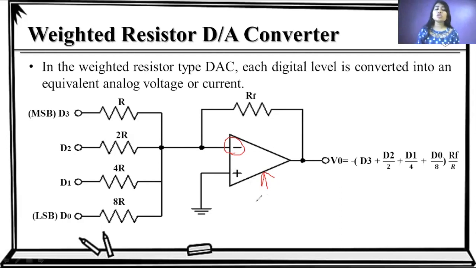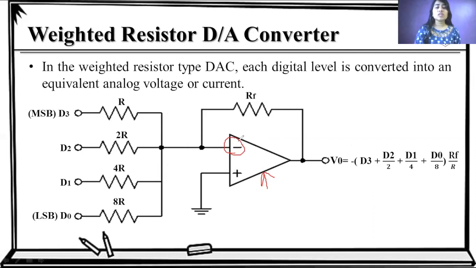But here the operational amplifier performs addition. This operational amplifier acts as an adder circuit, and we get the addition of the input conditions by using this circuit. So this circuit is a summer operational amplifier, which performs the sum operation.